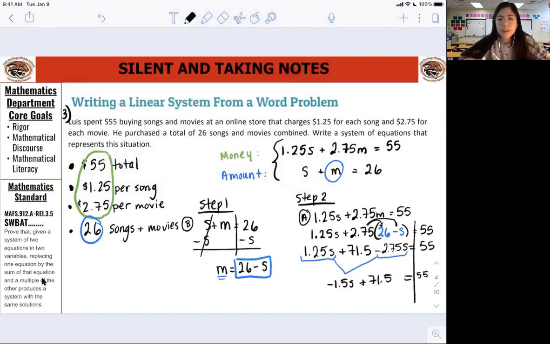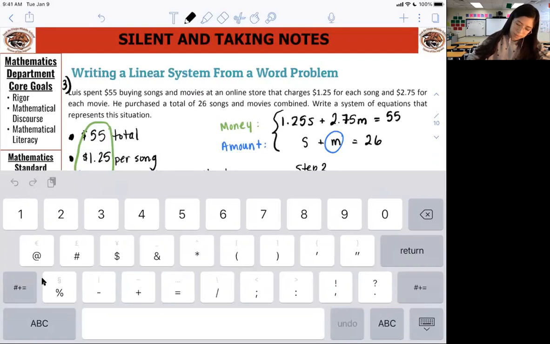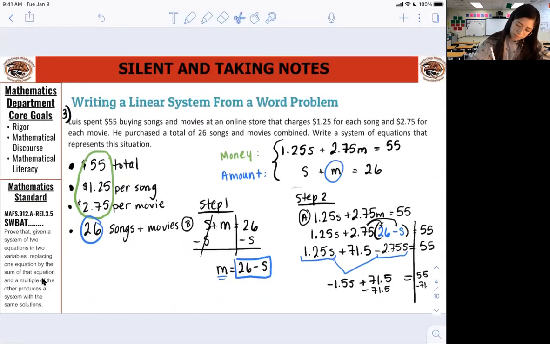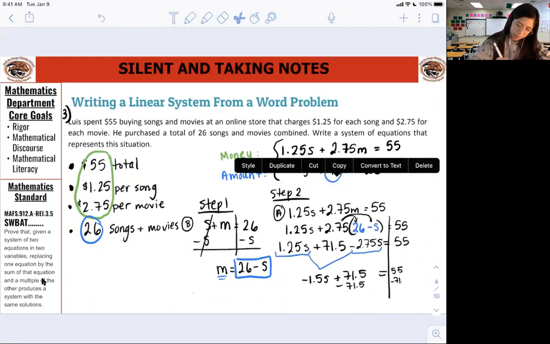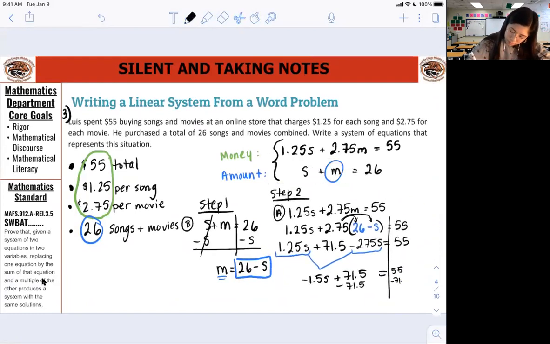Now what can I do to both sides? Subtract 71.5 from both sides. Oh my goodness, I'm running out of room. Hold on. Okay. So what's 55 minus 71.5?